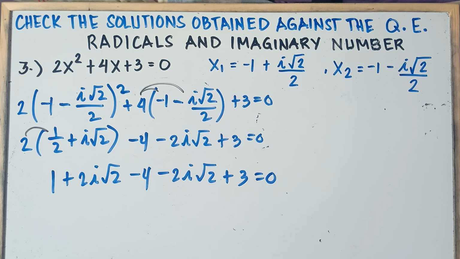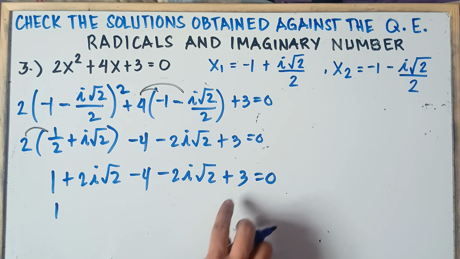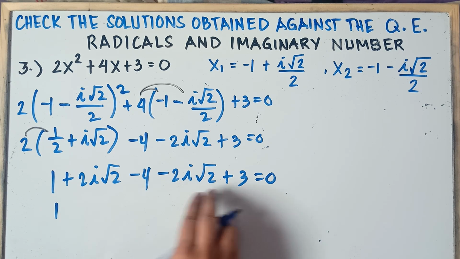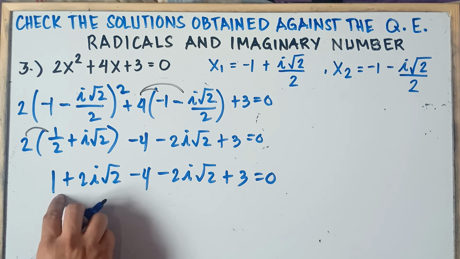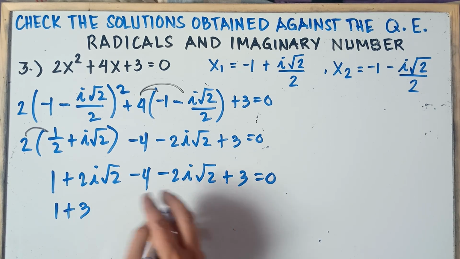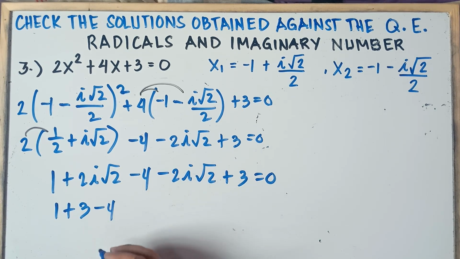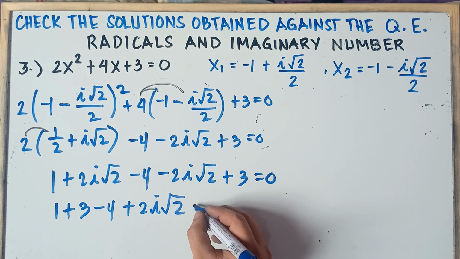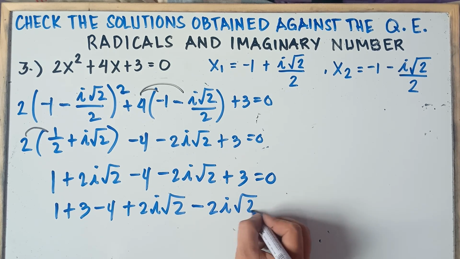So all set, class. Just arrange and you're all set. So copy positive 1 and then you can copy positive 3. You arrange the numbers, class. You start with positive numbers for you not to be confused. So positive 1, positive 3, negative 4, this one plus 2i square root of 2, this one negative 2i square root of 2 equals 0.